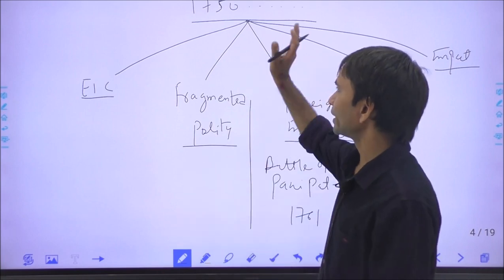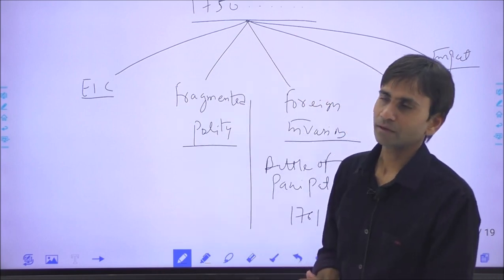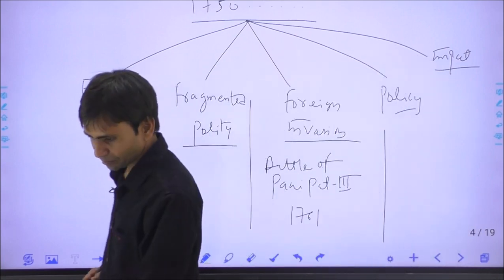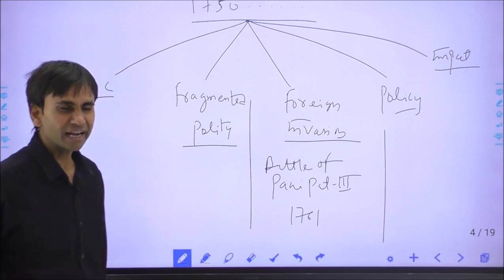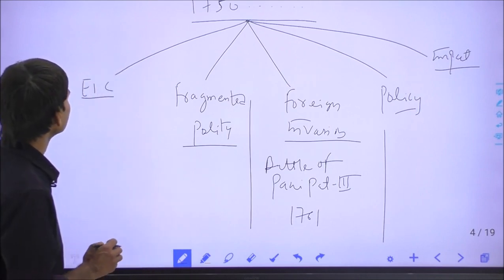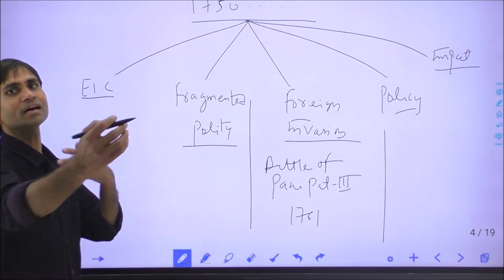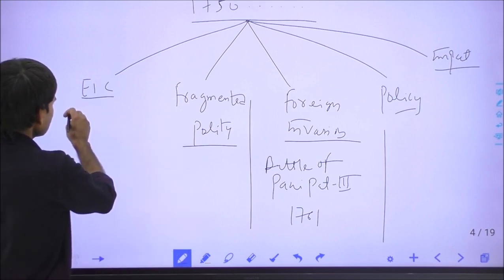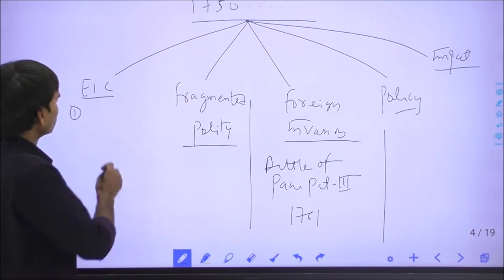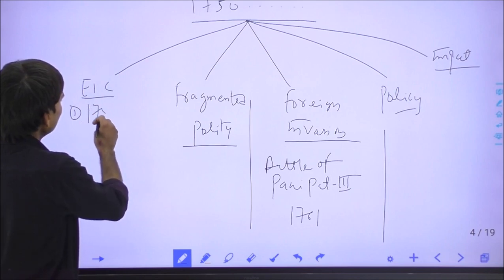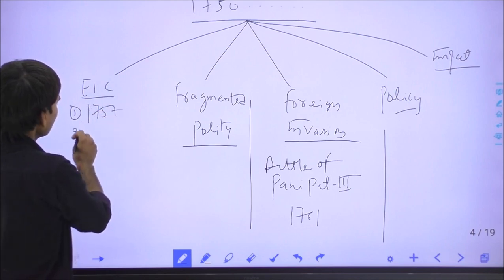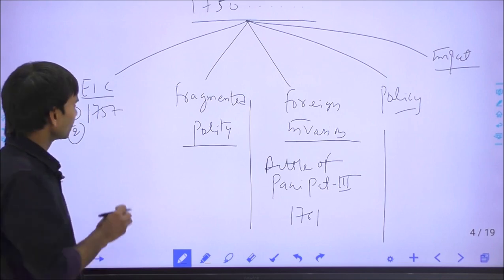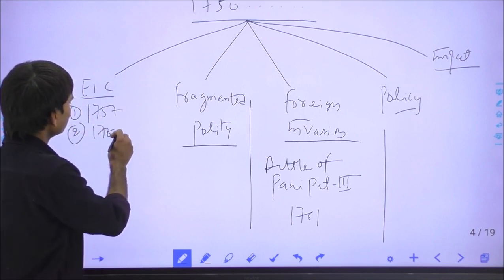From the middle of the 18th century, the East India Company, which was mainly a trading or commercial company, now became a political power, because the company got victory in the Battle of Plassey in 1757. Then the company fought the Battle of Buxar in 1764.